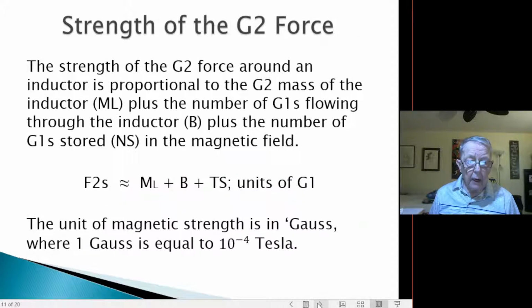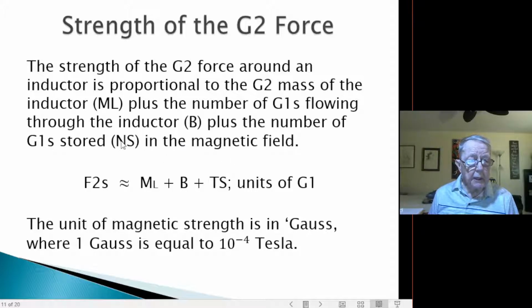So how does that happen? Well, it's based on the strength of the G2 force. So what in the world is the strength of the G2 force? The strength of the G2 force around an inductor is proportional to the G2 mass of the inductor plus the number of G1s flowing through the inductor plus the number of G1s stored in the magnetic field.